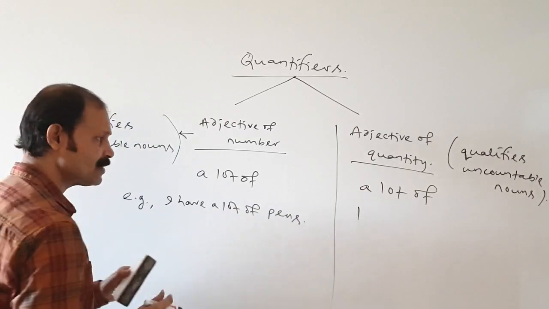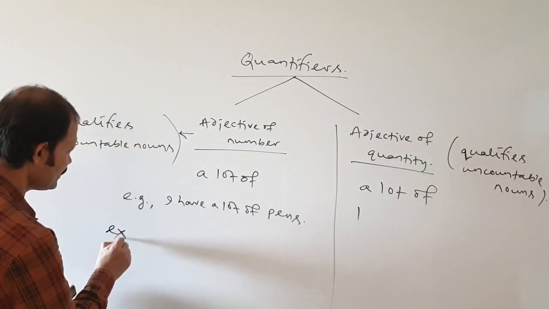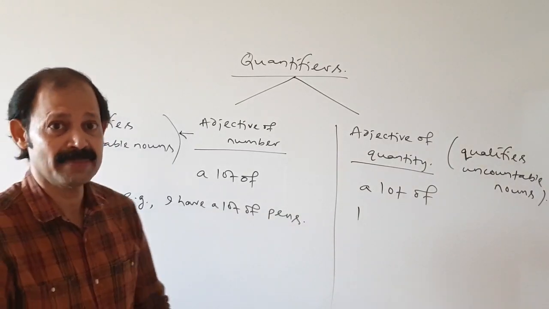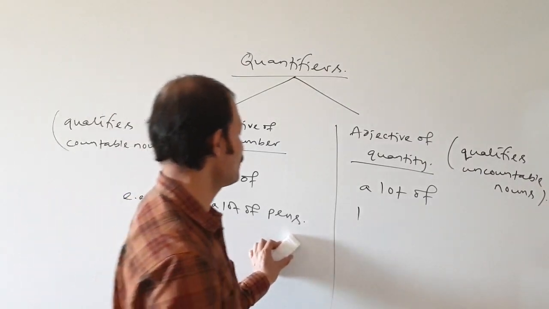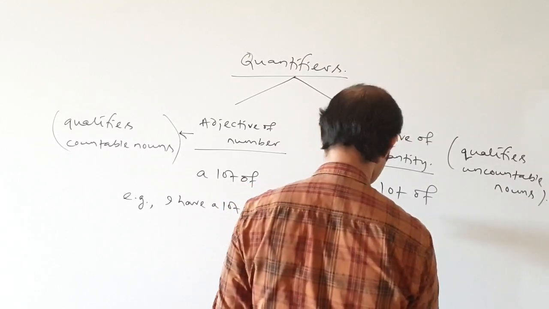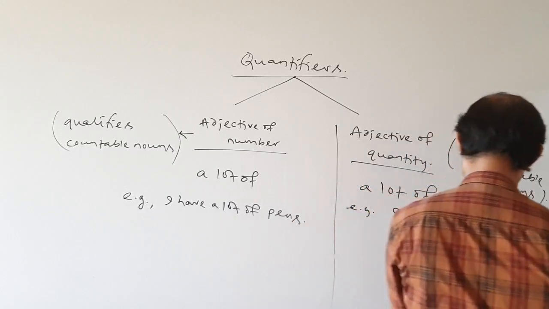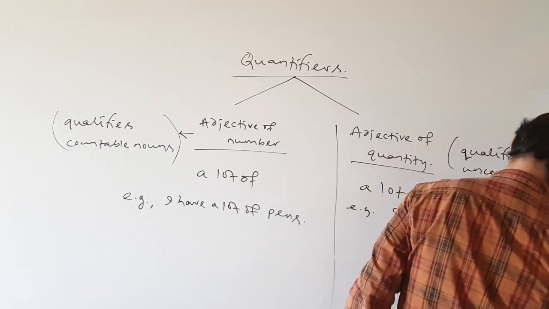In the previous video also I told you, when you have to write example, never write ex because it means the previous one. So write e.g., exempli gratia, it means for example. So for example, I have a lot of pens, and another example may be, I have a lot of sugar.